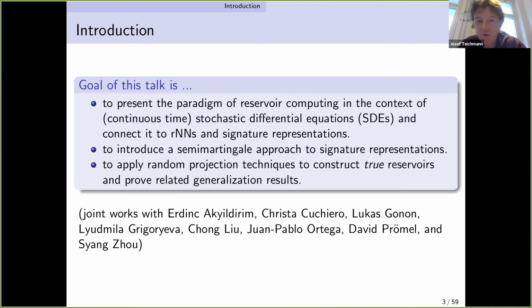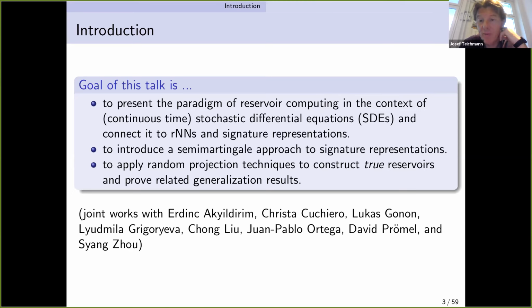Let me introduce all people who are involved in this research. There is Erdinç Akildirim and Xiang Sun from my working group here in Zurich. We are working on applications of this theory to portfolio selection.